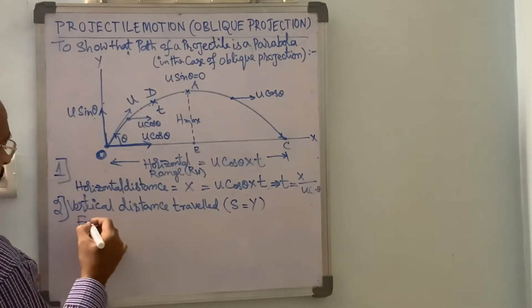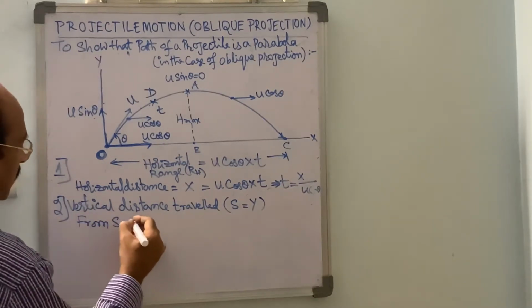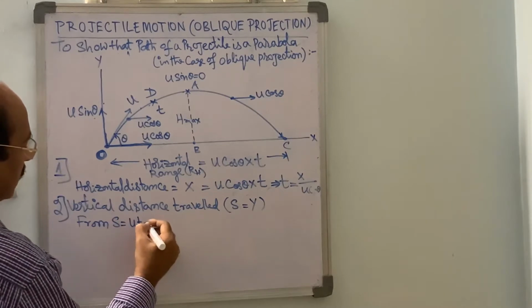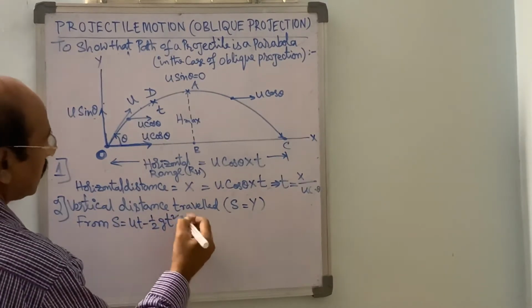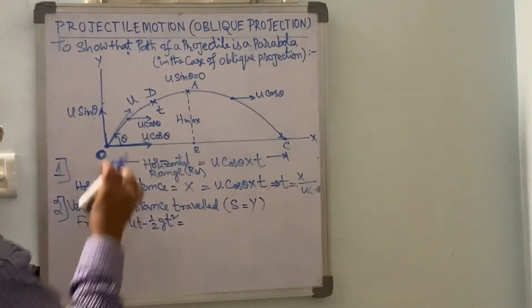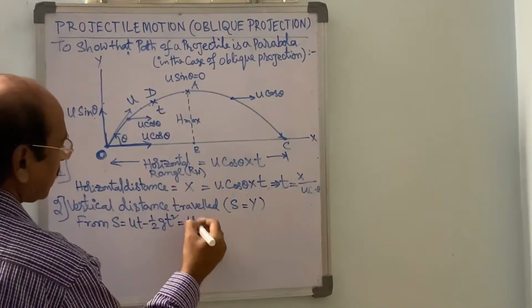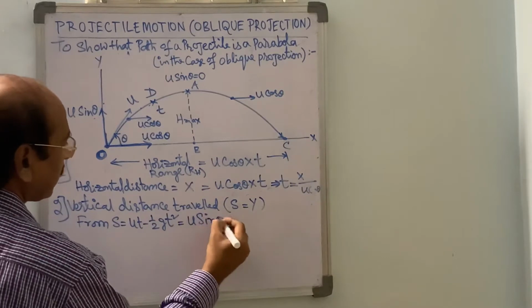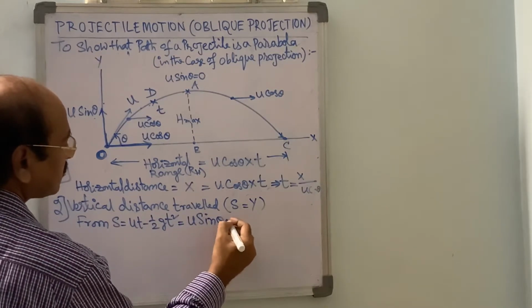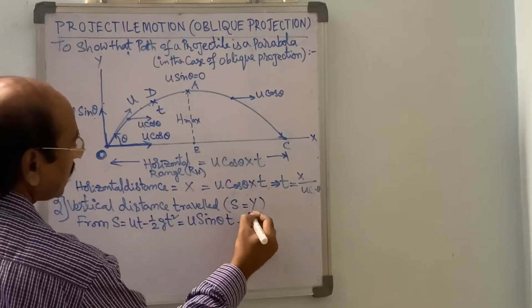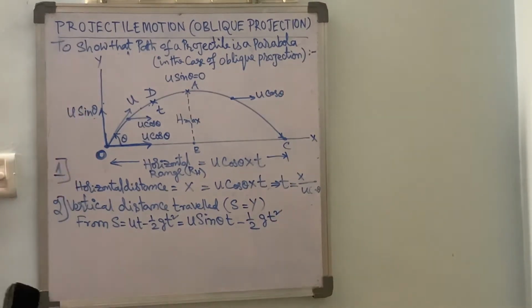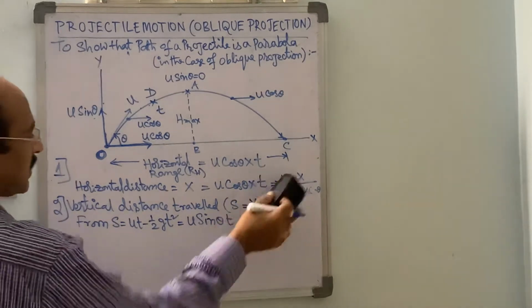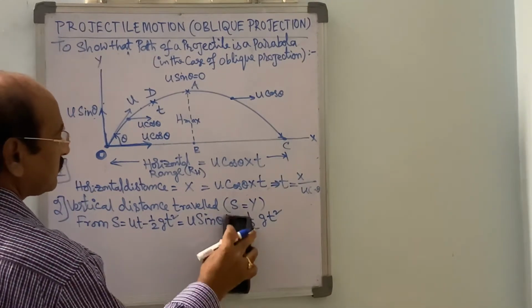From s equal to ut minus half gt square, as the body is moving up. Here u means the vertical component of velocity, u sin theta, into t, minus half gt square. But t is equal to x by u cos theta.